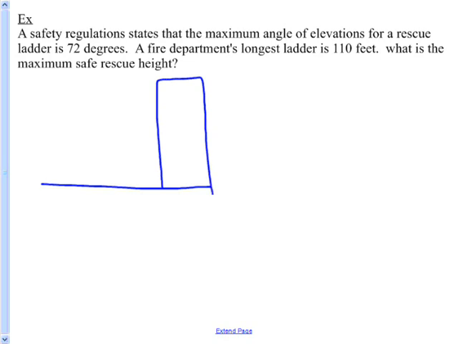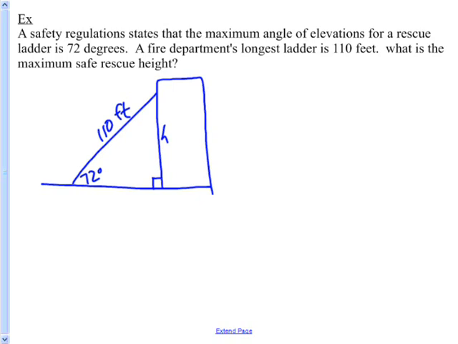And then we've got this ladder whose maximum length is 110 feet, and the angle that it makes is 72 degrees. What's the maximum safe rescue height? So what's this h? We'll call it height there.